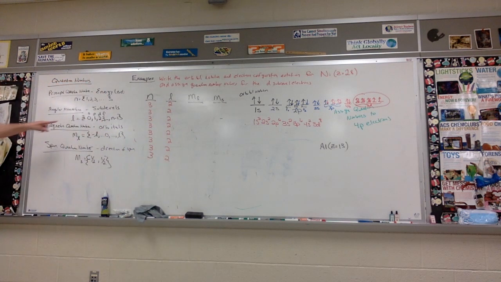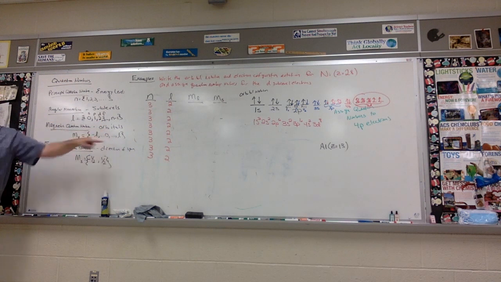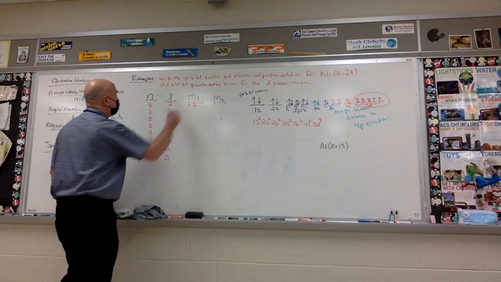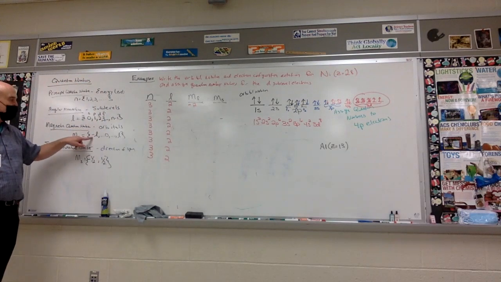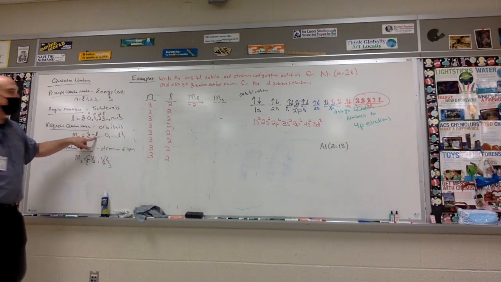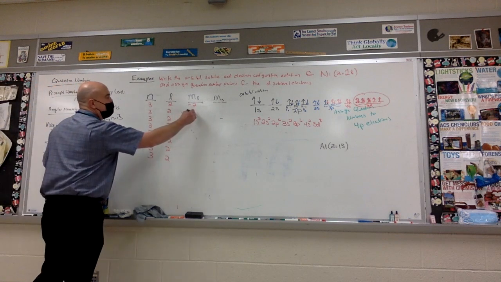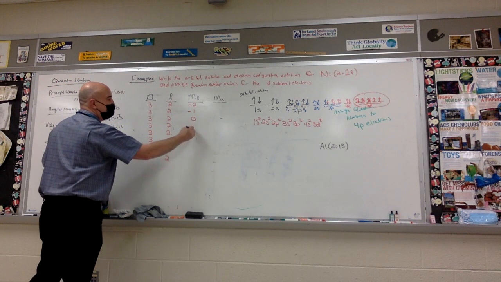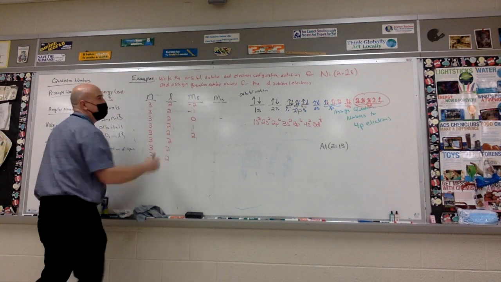If my l value is 2, what is the range of my orbital values? My values go from negative l to positive l, so I'm going to start at -2, -1, 0, 1, 2.